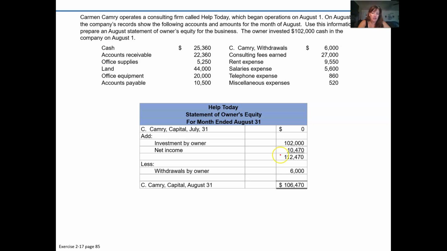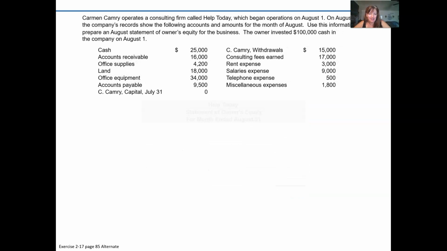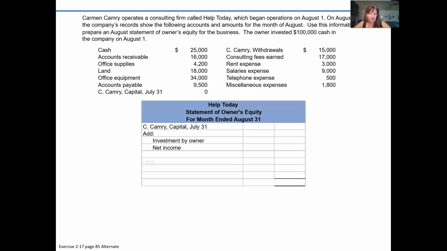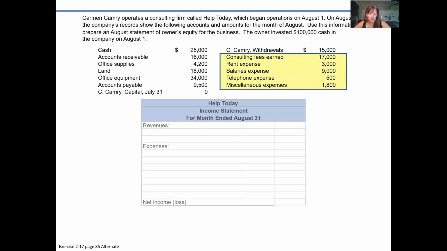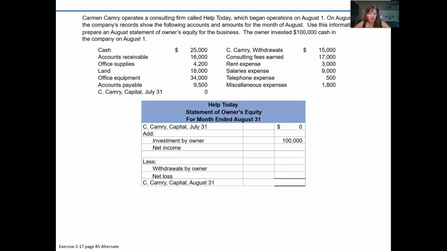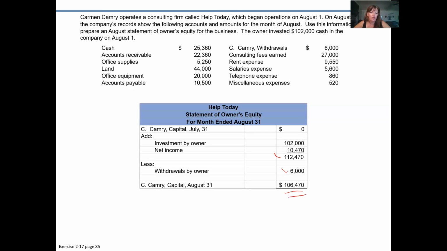So we will take the 112,470, subtract the 6,000, and we come up with our new capital balance of $106,470. This amount we are going to carry forward to our balance sheet, which is the last financial statement we're going to look at right now.